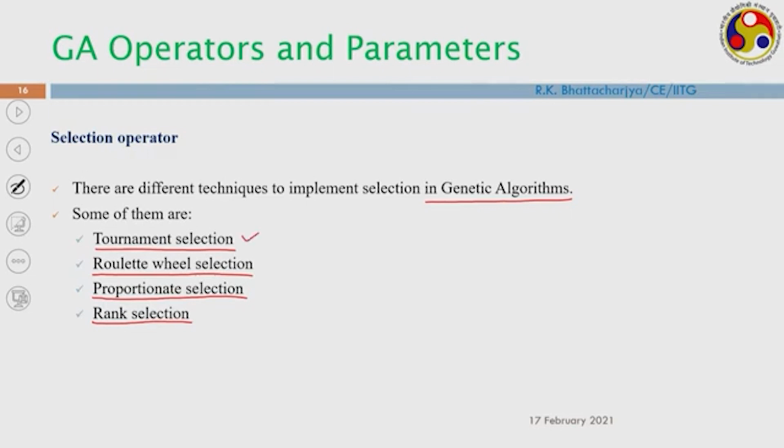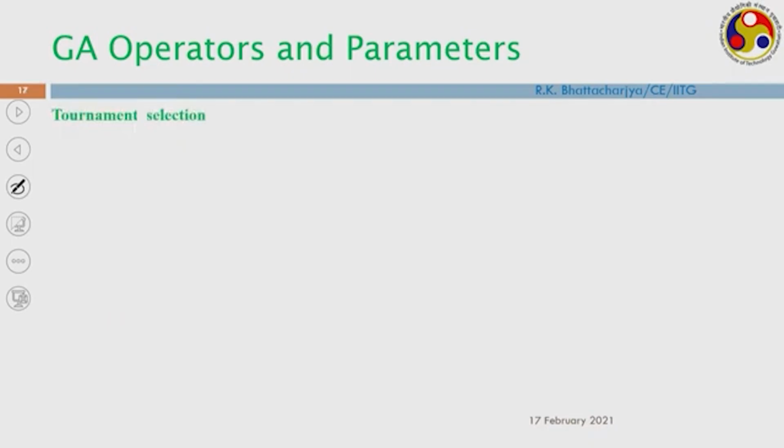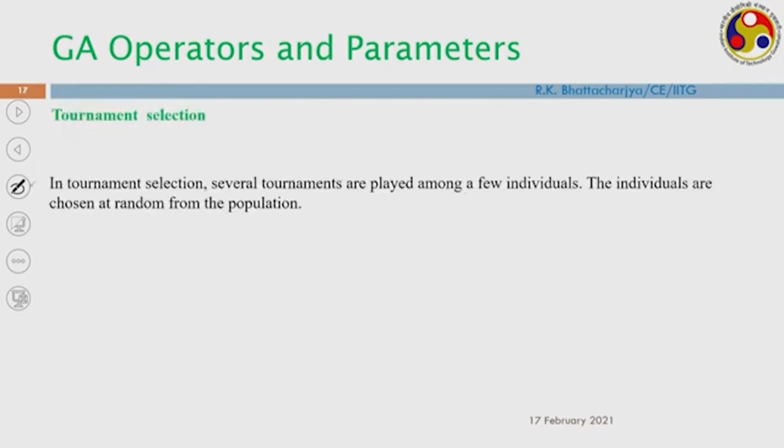So, let us discuss tournament selection. What is tournament selection? In tournament selection, several tournaments are played among a few individuals. The individuals are chosen at random from the population. The winner of each tournament is selected for the next generation.